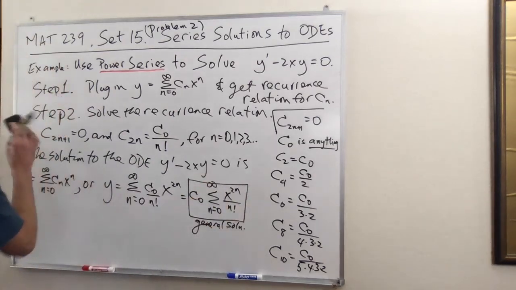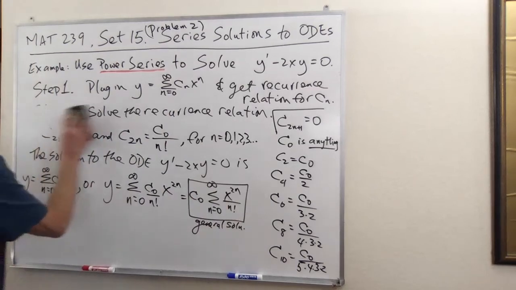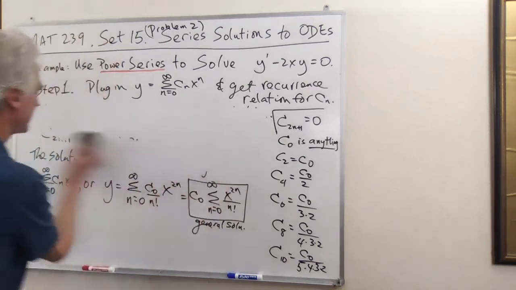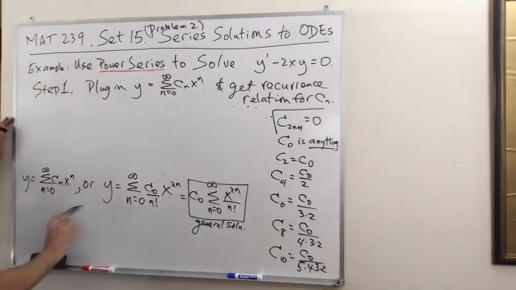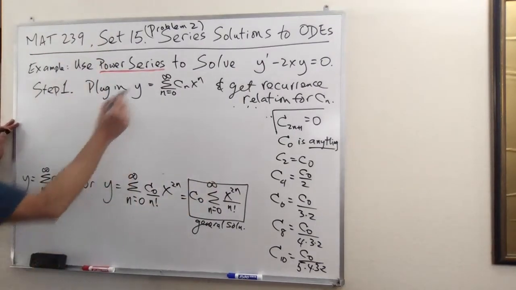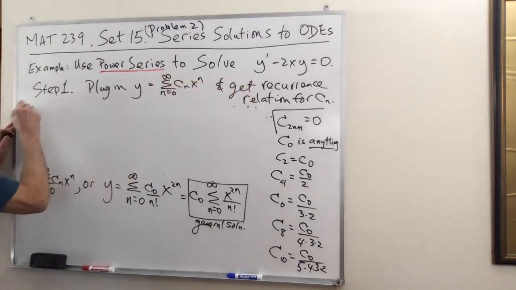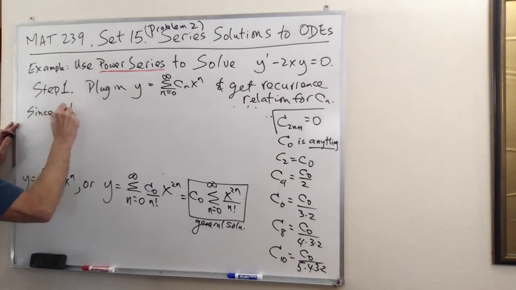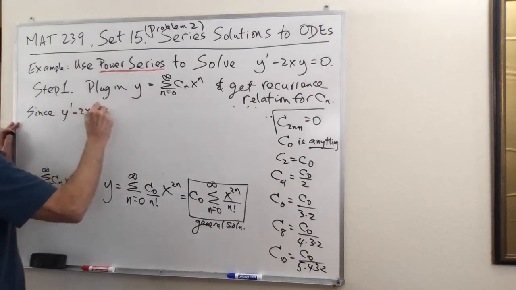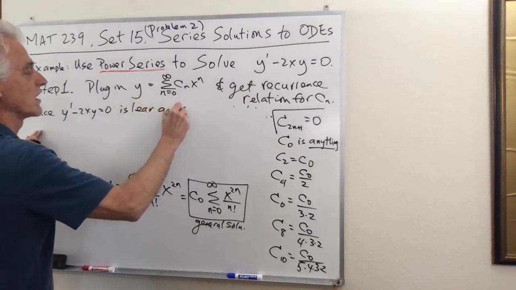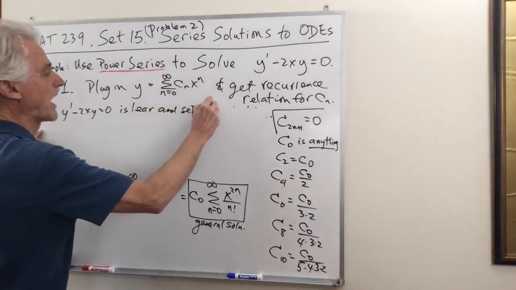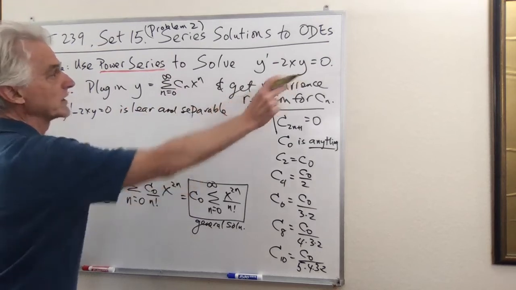In fact, that's exactly what we would have done back in the original day. Since this y prime minus 2xy equals 0 is linear, in fact, it's also separable. I would probably do it as a separable equation.